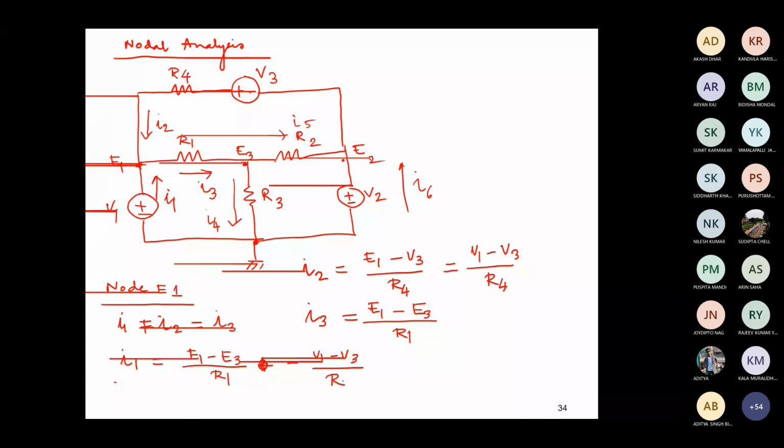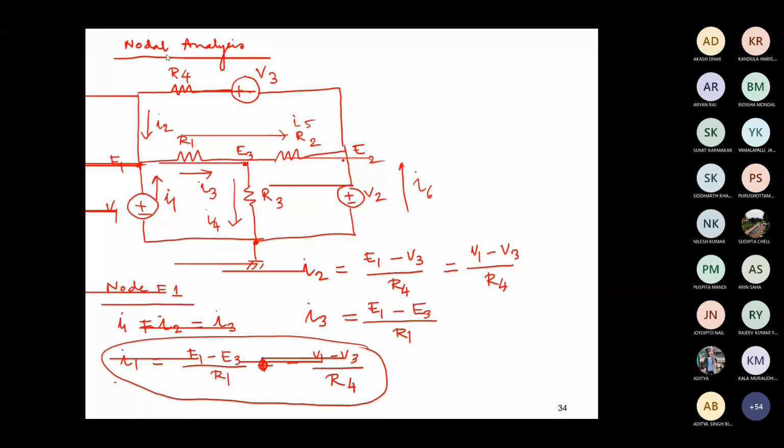Okay, so I1 we cannot write at this moment. Because through this part there is no resistance, and we cannot write V1 minus E1, as through that there is no resistance. So we cannot immediately write it. Let us solve it, at the last we'll be able to find out. So this is your equation 1, first KCL at node 1.